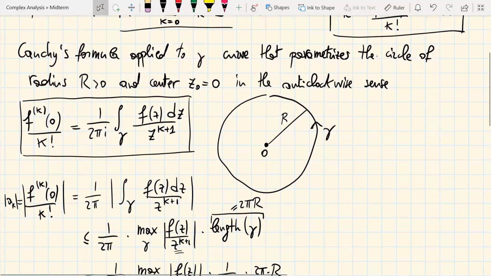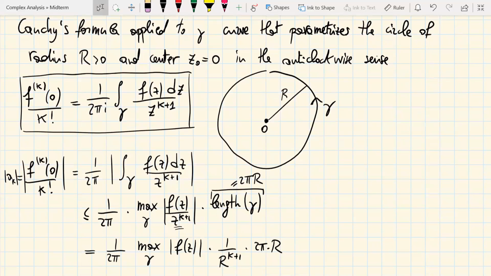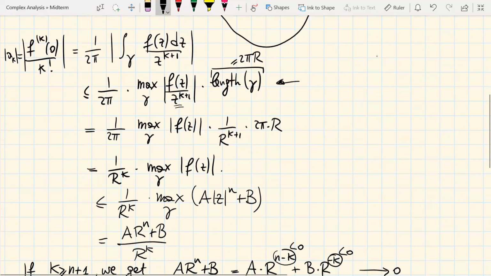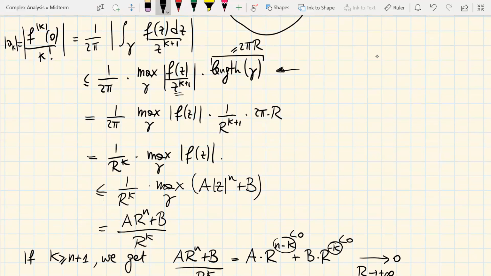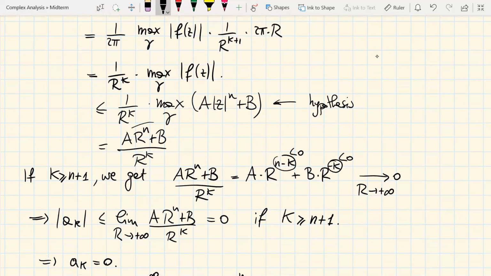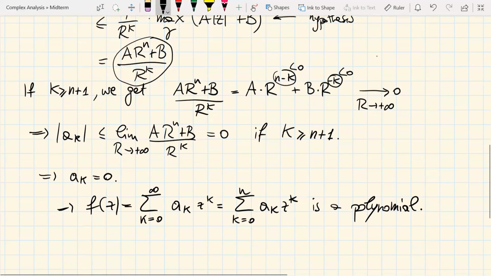And in order to prove this, we use the Cauchy formula to estimate the right-hand side here, using first the estimate in terms of the length and the maximum, and then finally using the hypothesis on the statement of the lemma. And now, once we have this quantity, it's easy to see that for r going to infinity, this quantity goes to 0 if k is bigger or equal than n plus 1. And so we are done.